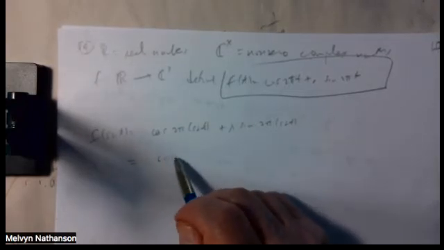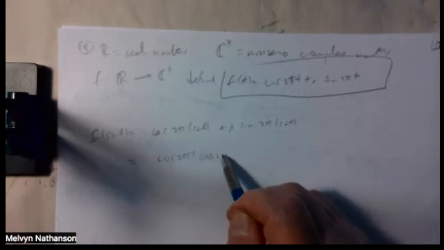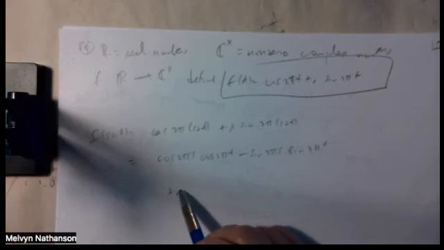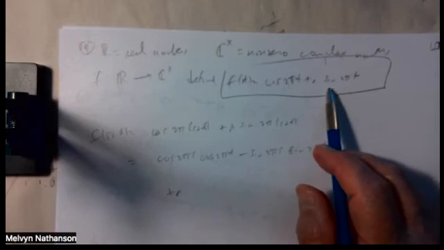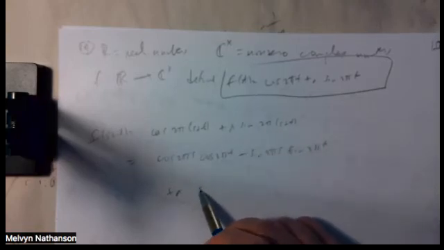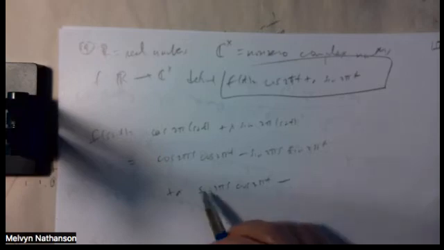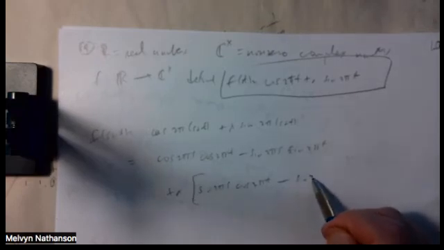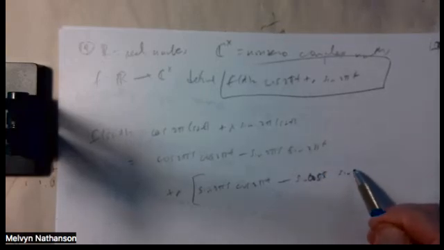This is equal to cosine 2 pi s cosine 2 pi t minus sine 2 pi s sine 2 pi t, plus i times sine 2 pi of s plus t, which is equal to sine 2 pi s cosine 2 pi t plus cosine 2 pi s sine 2 pi t.